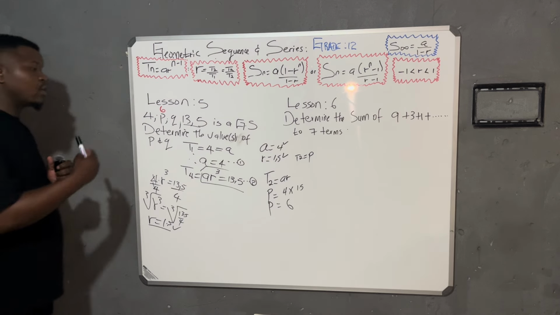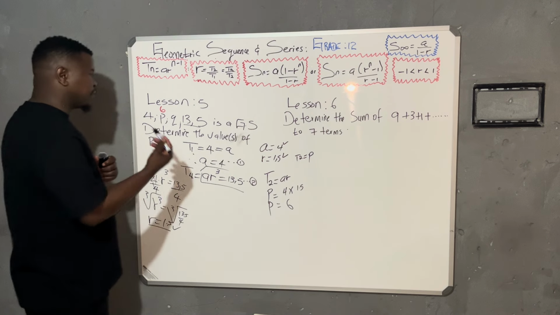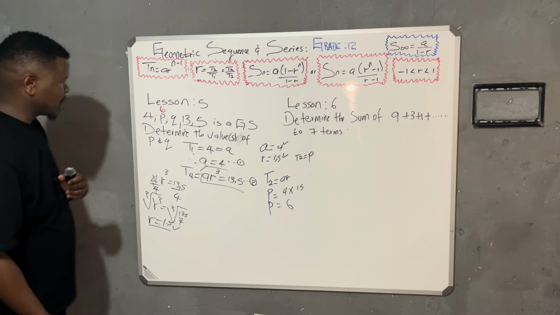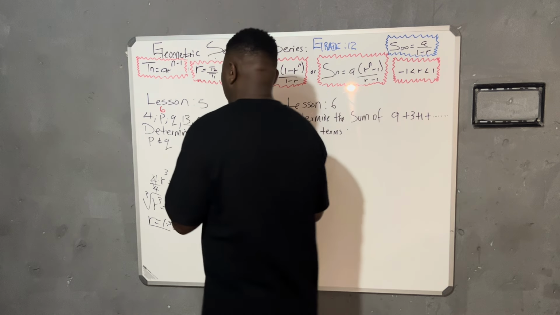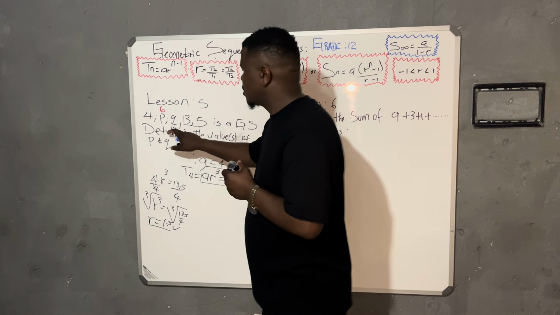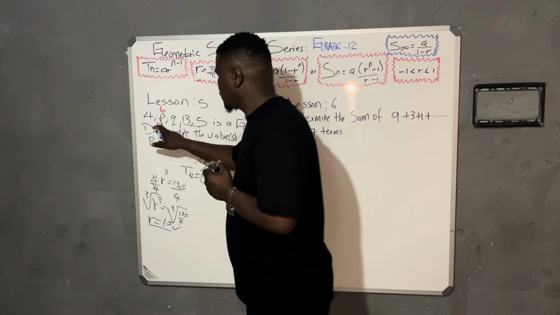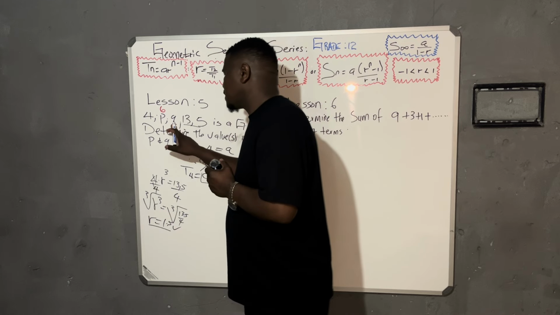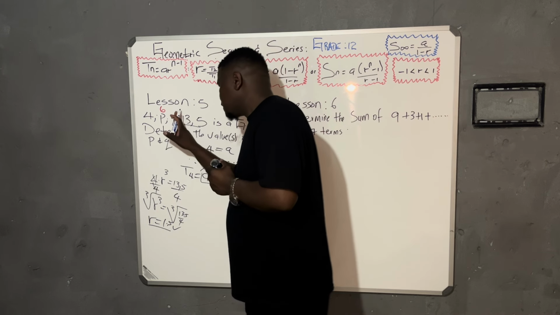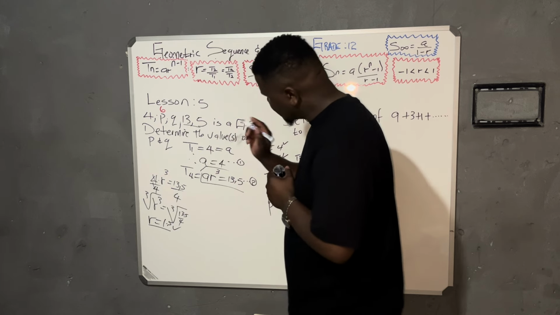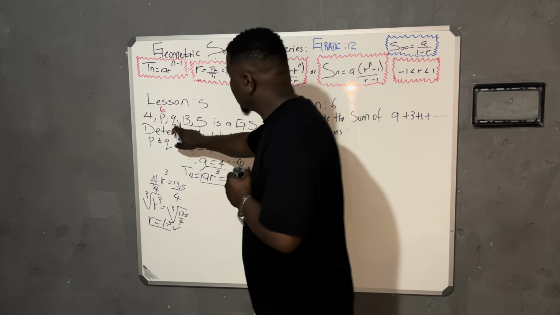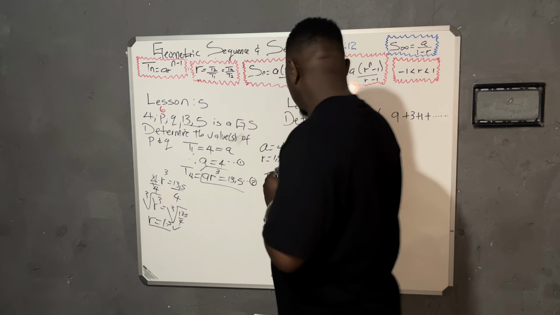I think now you can see that we follow the same thing across. Look at the position of Q: term 1, term 2, term 3. Q is basically in the position of term 3. Let's create the equation of term 3 using our general formula.